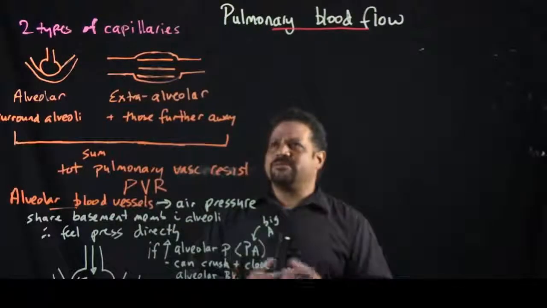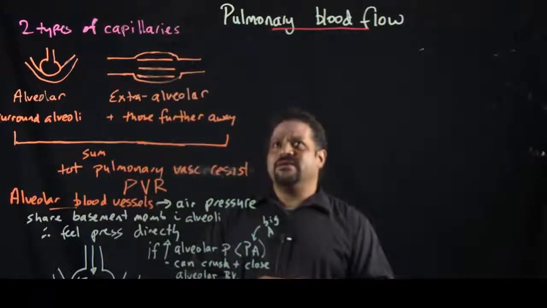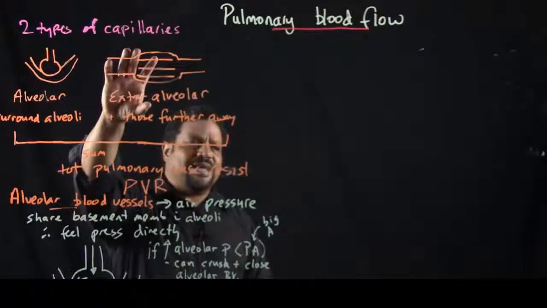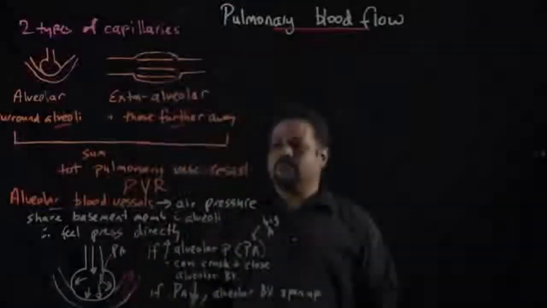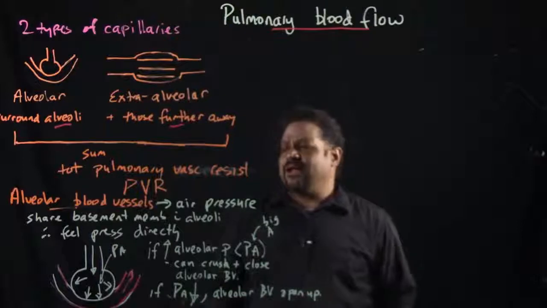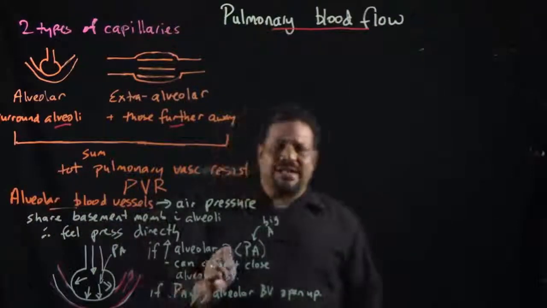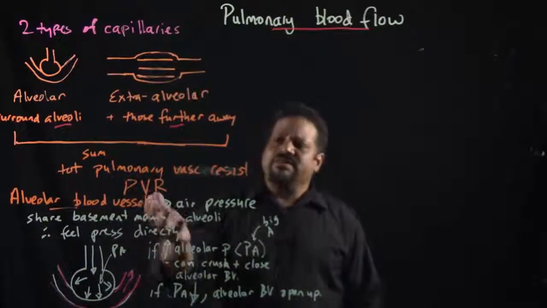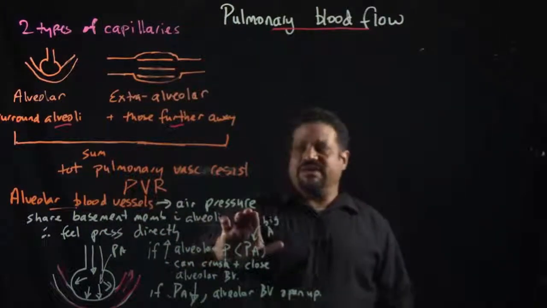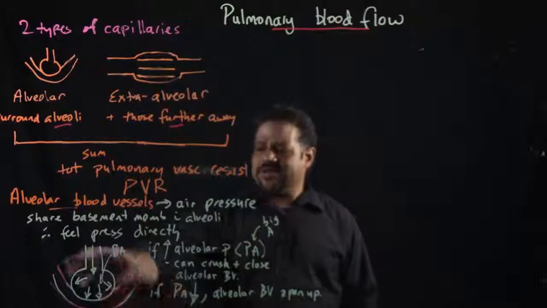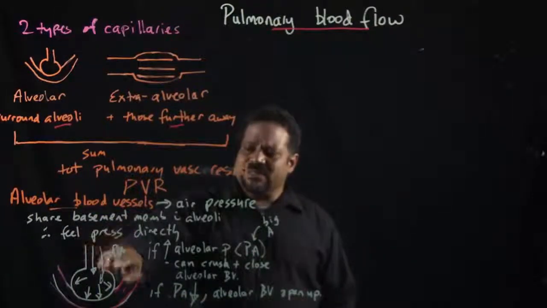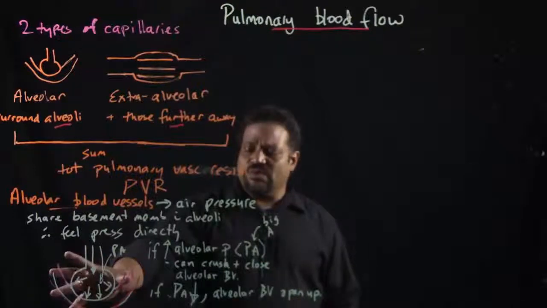So there are two types of capillaries within the lungs. We have the alveolar and we have the extra-alveolar. So let's look at the alveolar blood vessels. Those alveolar blood vessels surround the alveoli, and of course they depend on the air pressure within the alveoli. In this diagram we have the alveolus shown here with air coming into it, and the pressure in the alveoli presses on the walls of the alveoli.